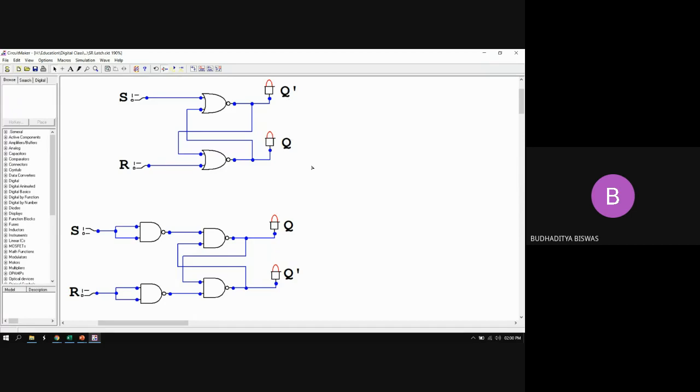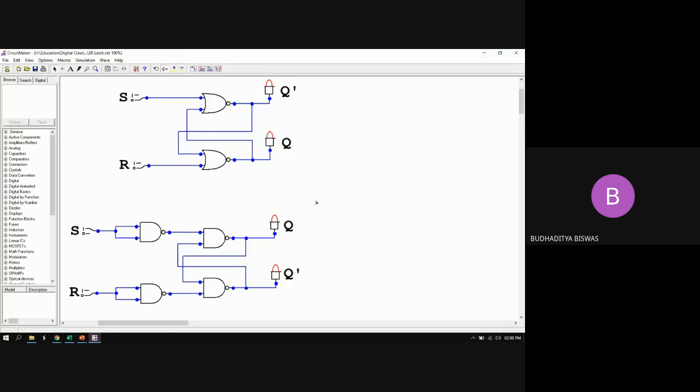So if you design one flip-flop where both Q and Q bar simultaneously come 0, is it correct or wrong? Suppose in the exam you design one flip-flop, and when you run it, you see that simultaneously Q and Q bar become 1 or 0.